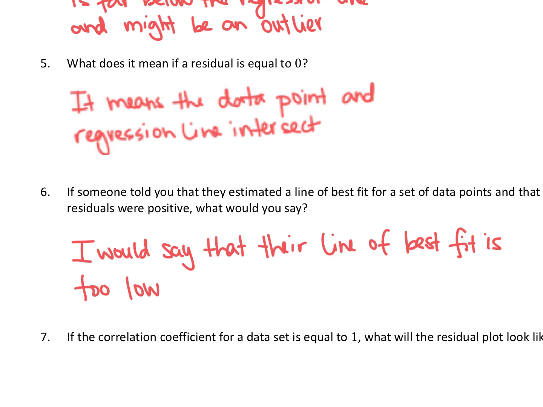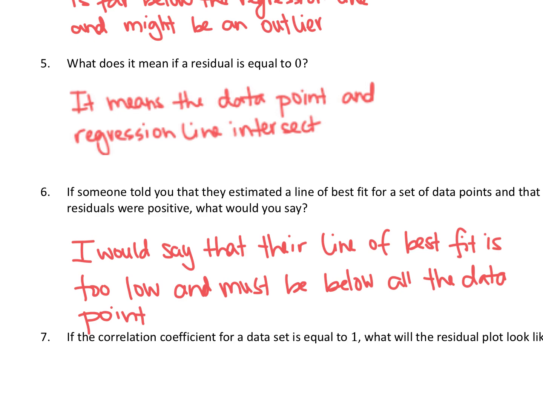Because if the residuals are all positive, that means that all the data points are above the regression line, above the line of best fit, and they have not done a good job of creating their line of best fit. It did not go through the middle of the data. Their line of best fit is too low and must be below all the data points. They'd probably have to redo their line of best fit, I imagine.